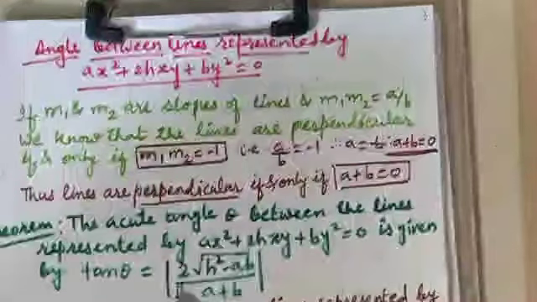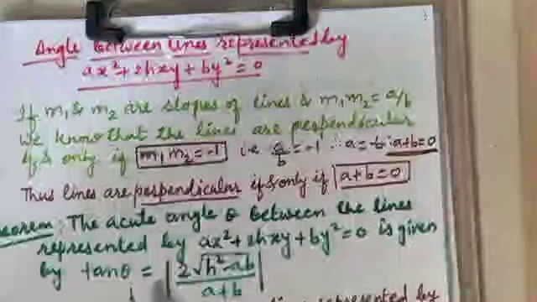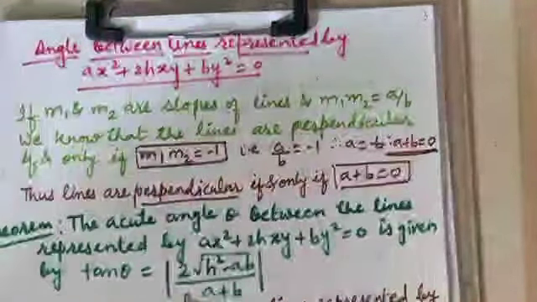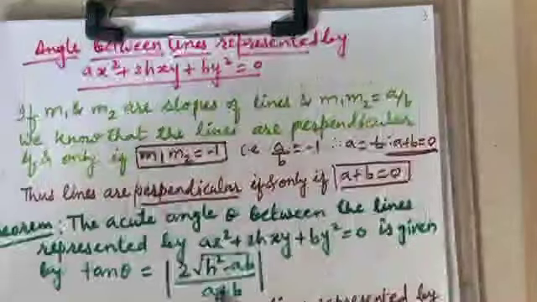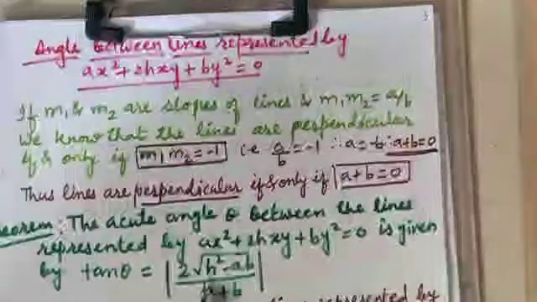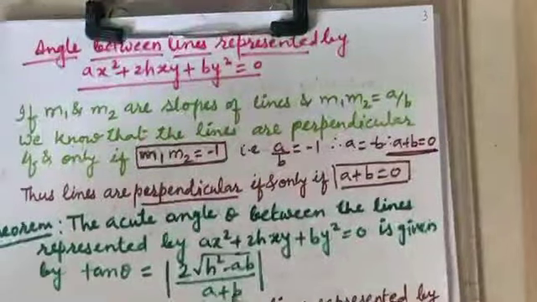We want to show that tan theta, that is the angle between the lines, has the value given by this formula.